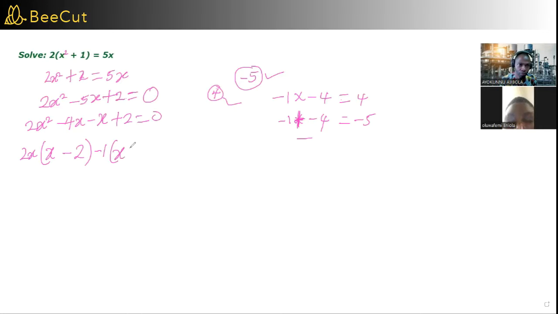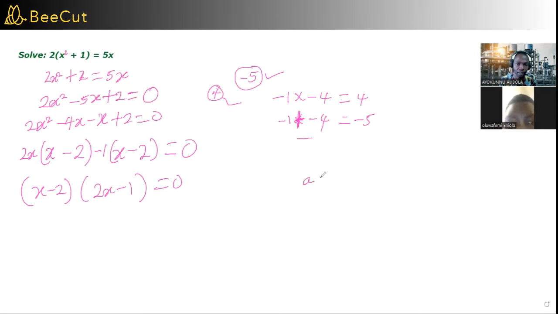Once negative 1 is removed from it, we have negative 2. Then you have x minus 2 common to both, so you have x minus 2 into 2x minus 1 equals 0.